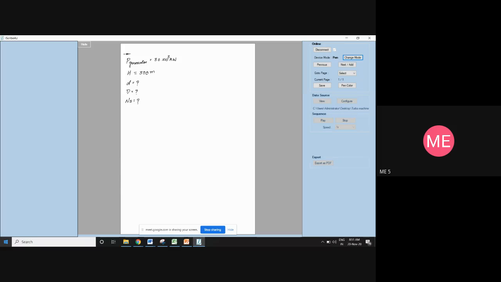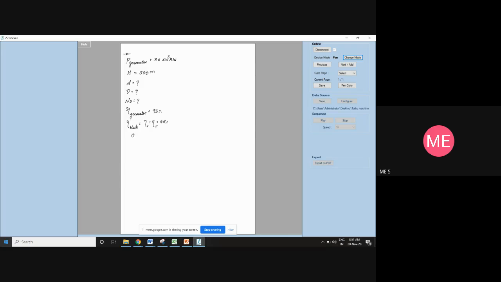Assuming the generator efficiency. See, this is also a new word, generator efficiency, you have not come across. This is 93%. Pelton wheel efficiency, that is efficiency of blade, also called hydraulic efficiency or efficiency of turbine, all are the same, 85%.